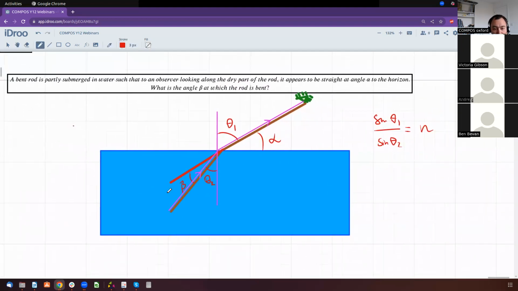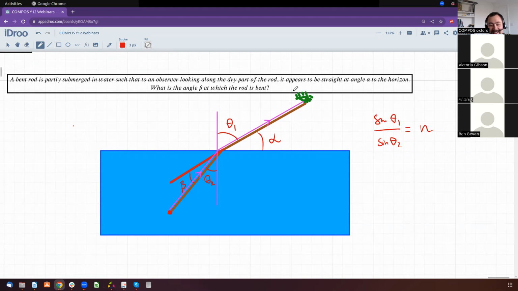What's happening? We see the light is coming from, let's say, this end of the stick. The light is going like this, and it's emerging like this. As I mentioned 2 weeks ago in our webinar, our brain thinks that light travels in straight lines. This is so embedded in our brain that we are more likely to see a headless person rather than believe that light doesn't travel in straight lines.